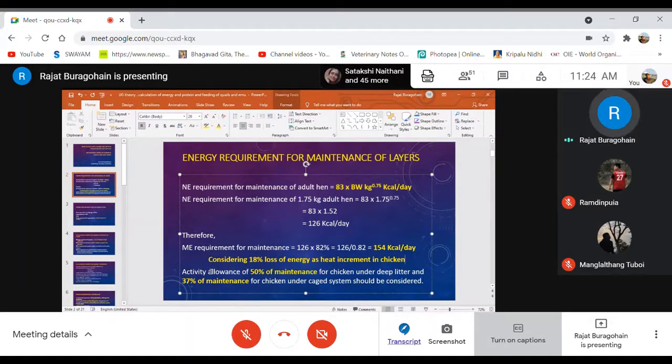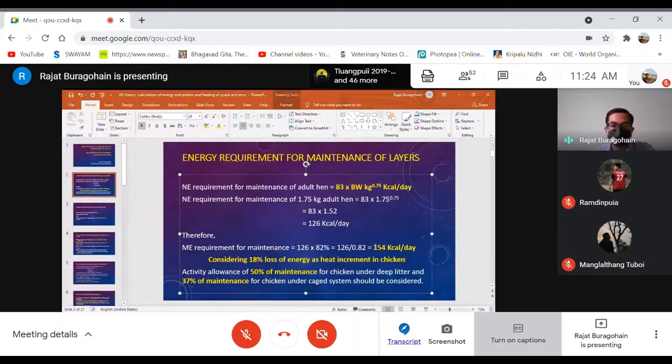But here one more thing we have to see, that is the activity allowance. The activity allowance depends on the management. It will be 50% of the maintenance under the deep litter system.